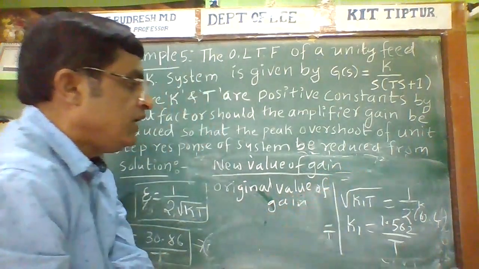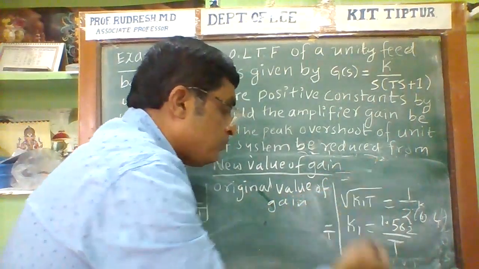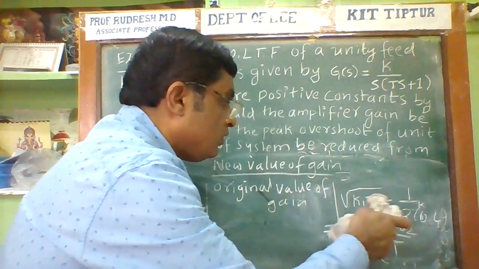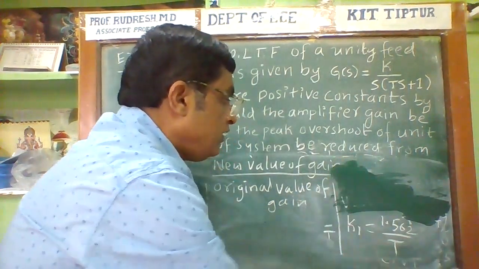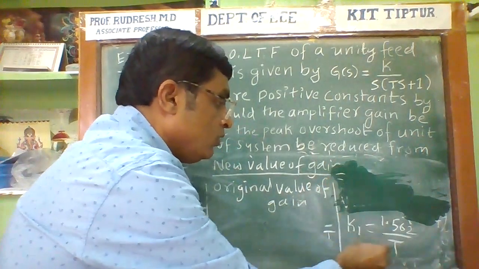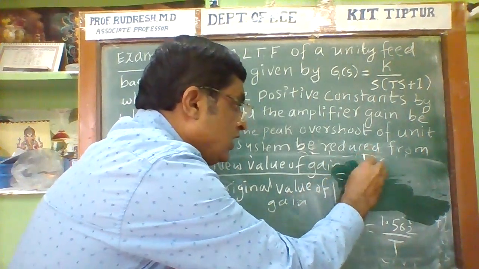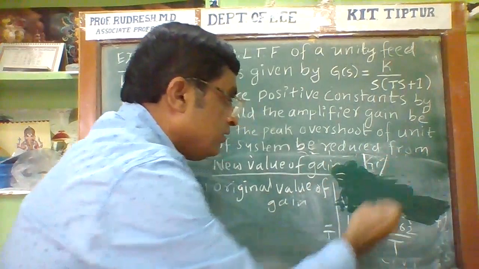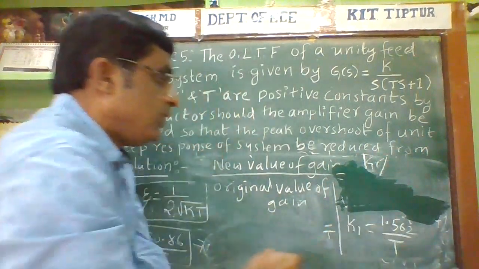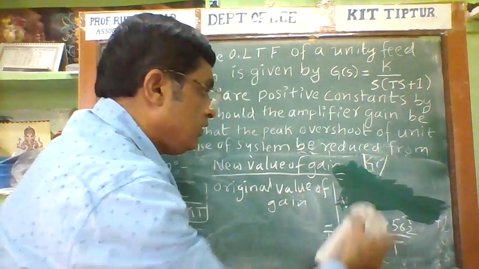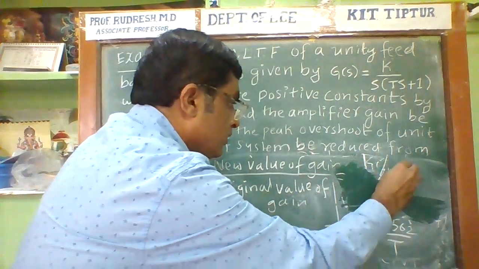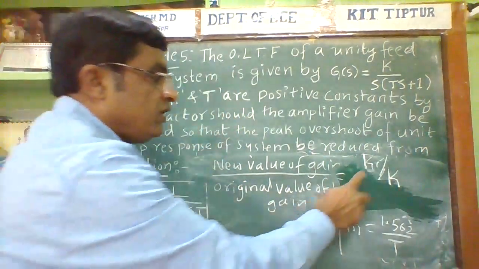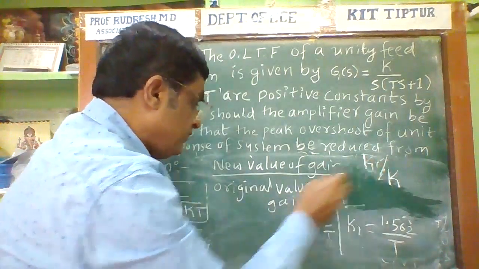What is the new value of gain K? The new value is K1 divided by K. Now what is the value of K1?